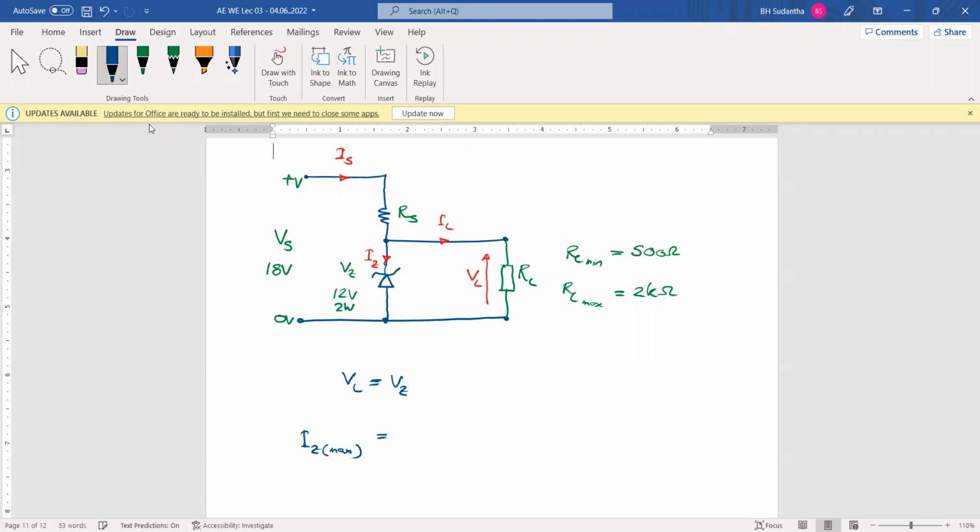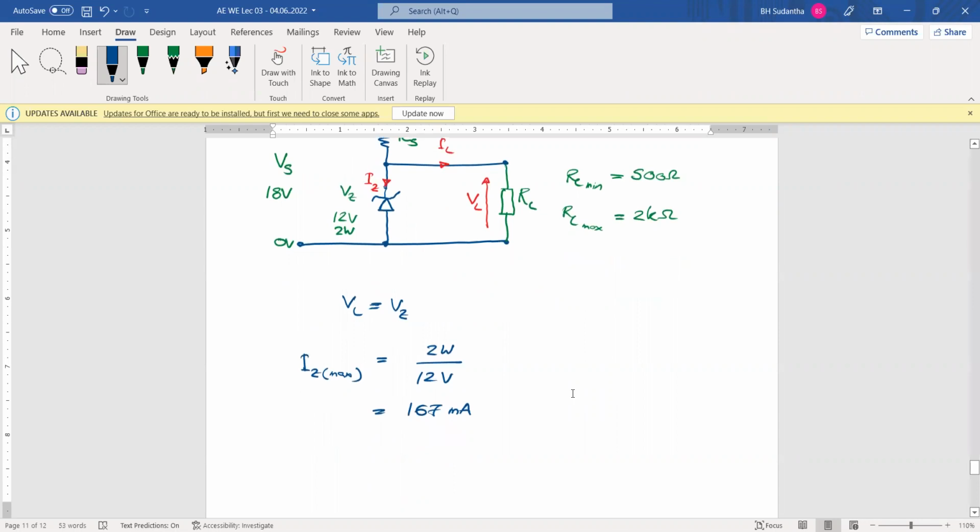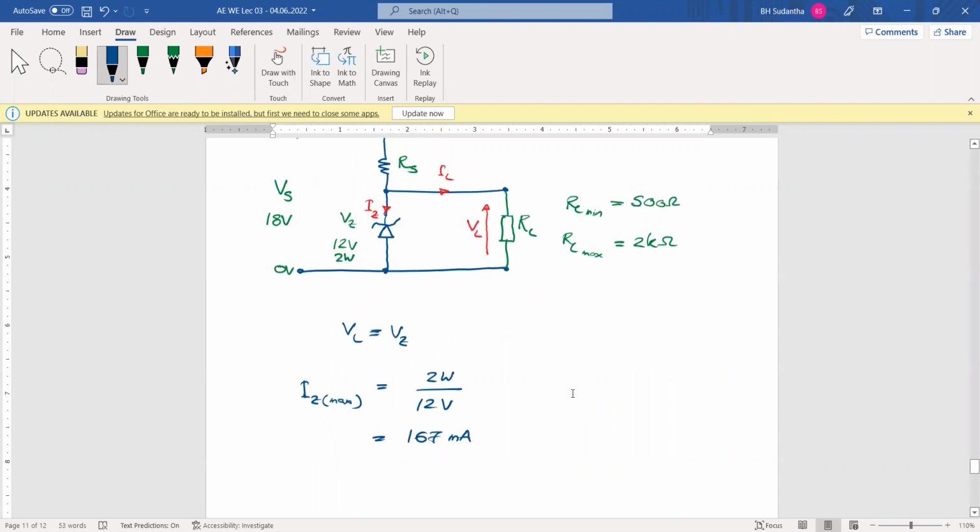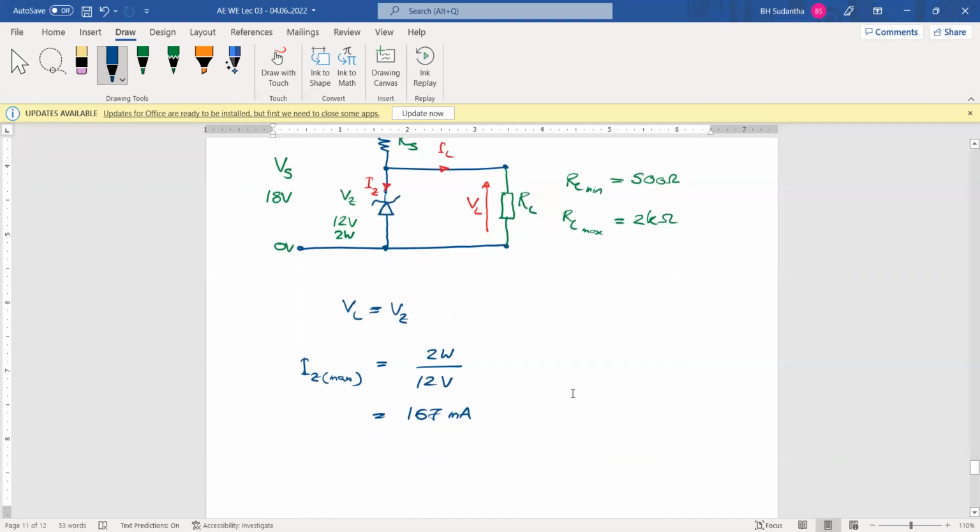The maximum Zener current is 2 watt divided by 12 volts, which is nearly 167 milliamperes. Okay, this is the maximum Zener current.